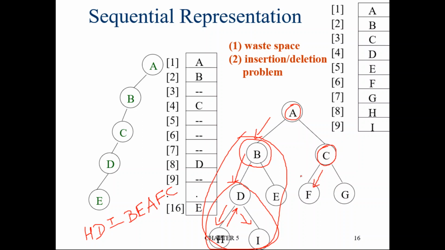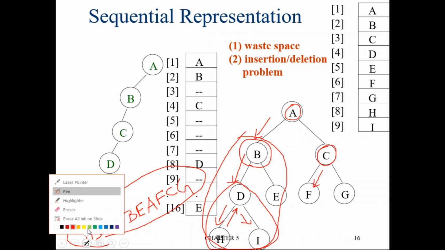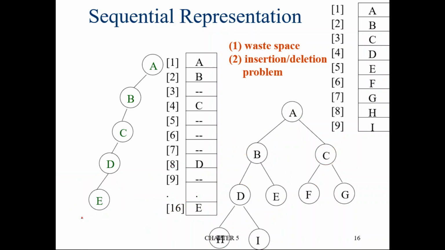What is the right child of C? G. So that's it. This is the in-order traversal of this particular tree. Like that, for this tree you can perform pre-order and post-order, or you can take some other tree. So you can take it as homework. For this particular tree, you perform in-order, pre-order, and post-order, right?